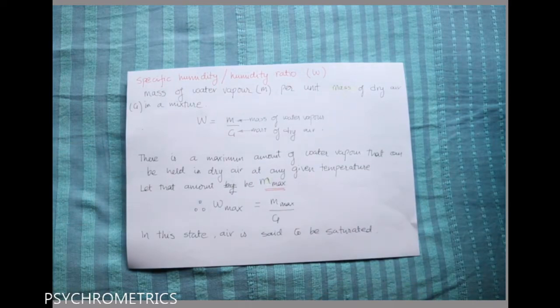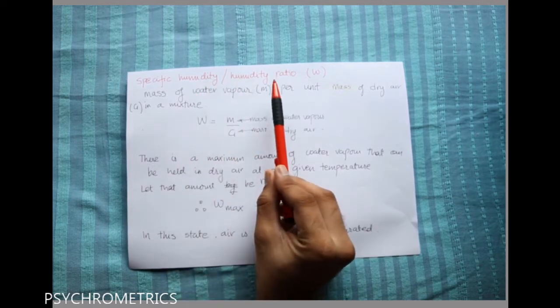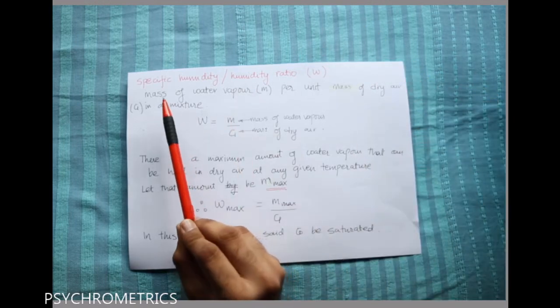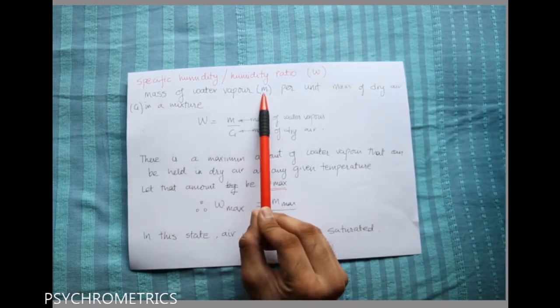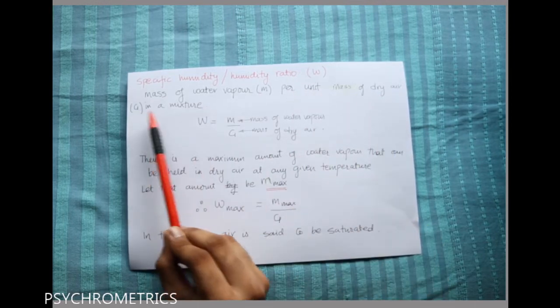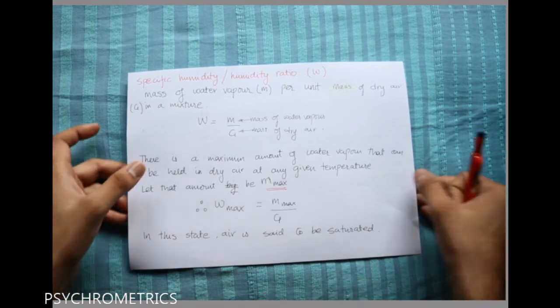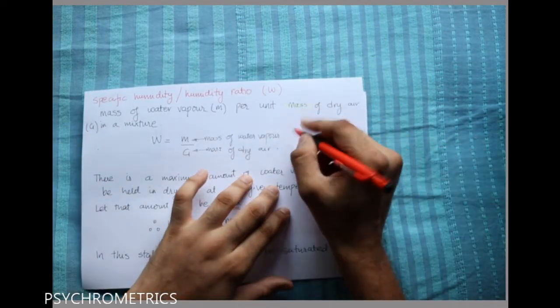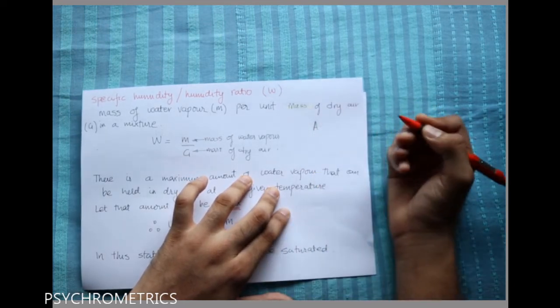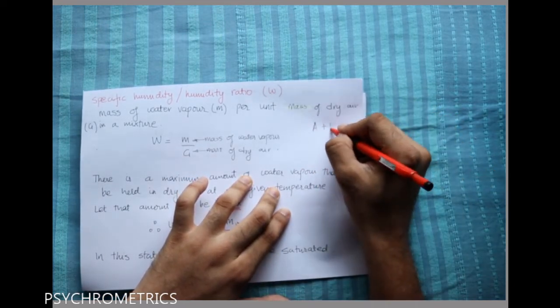Another term which we have to look at is something called specific humidity, or also known as humidity ratio. It is denoted by the letter W. Now, this is defined as mass of water vapor M per unit mass of dry air G in a mixture. Air as we know it contains dry air plus water.